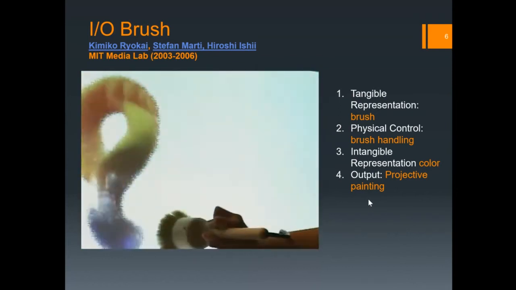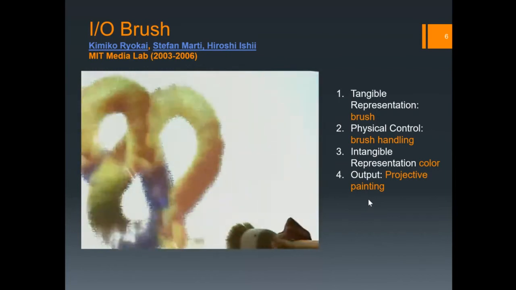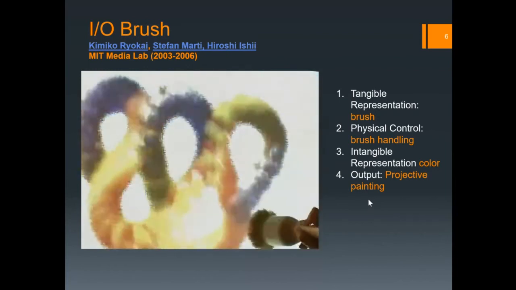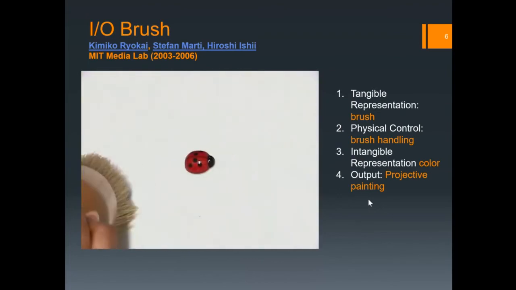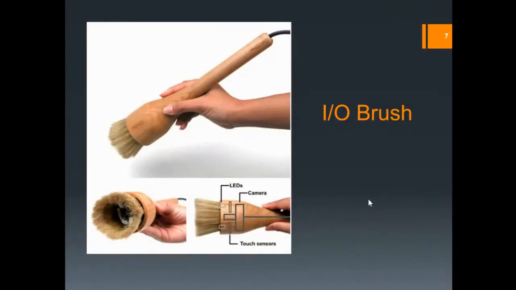So you try to alter an art form and rely on this physical object. I think I showed you this one before, so you can get a sense of what's inside. There's a camera hidden underneath, LEDs illuminating the light, and a touch sensor to detect whether it's actually touched or not touched. So that's a kind of simple concept.